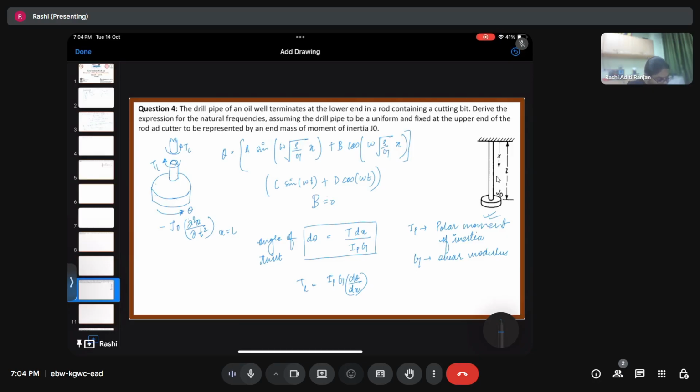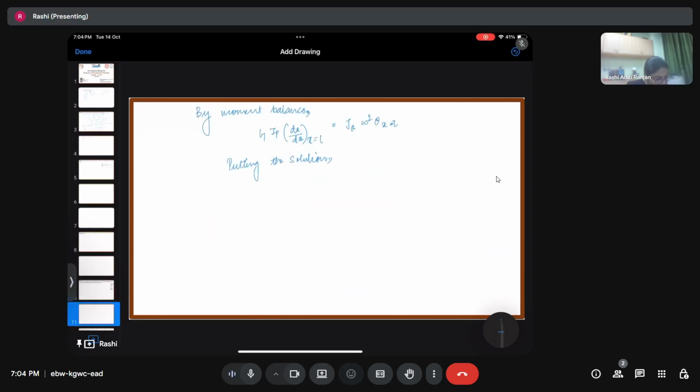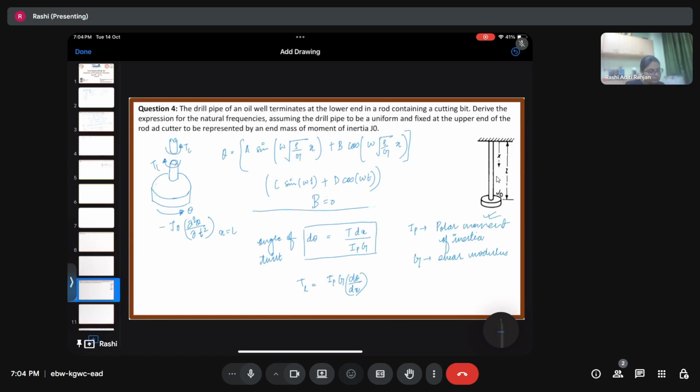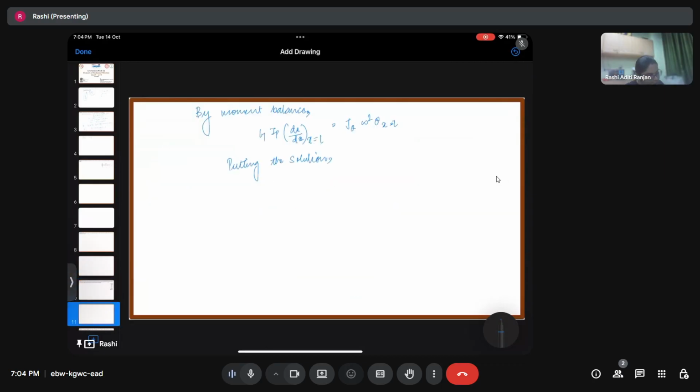Yes, we have d theta by dx, so we need to differentiate it, but we'll not be getting into this. You can just see and check how it is going to get differentiated, because we need to differentiate theta with respect to x. So the multiplication of C sine of omega t and cos of omega t will remain for both the cases, and you will see that it will cancel out as well, because in both the cases differentiation is with respect to what?